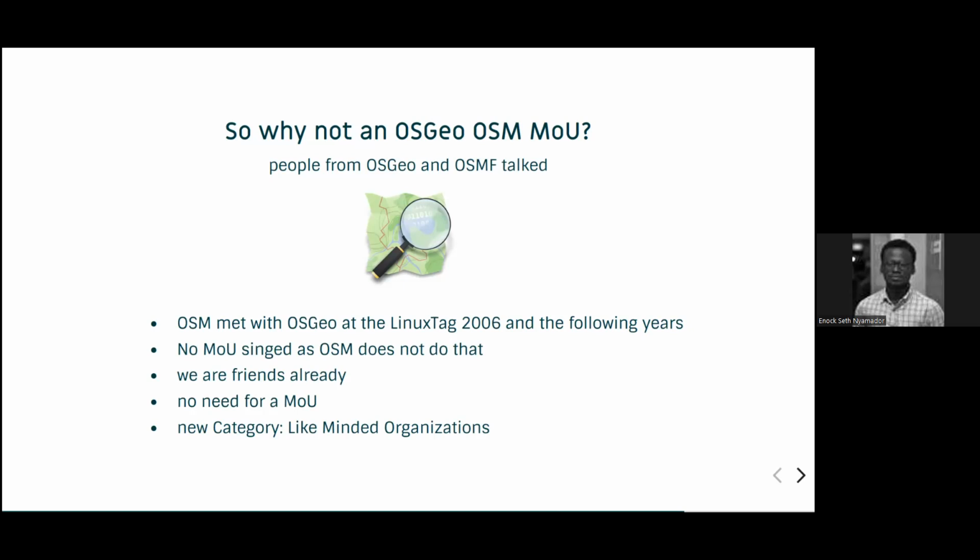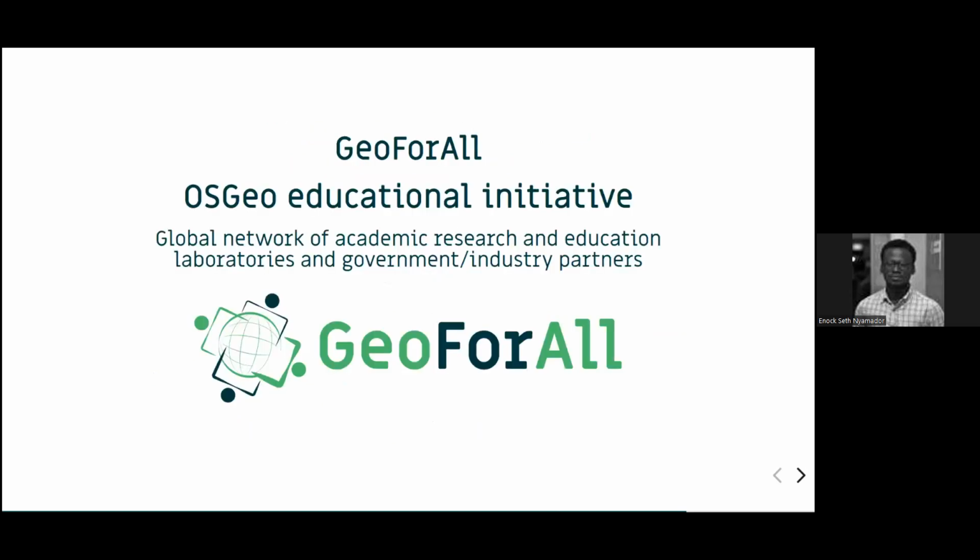After a couple of discussions, a new category was created for the OpenStreetMap project itself as a whole and the foundation, that is, like-minded organizations. Hence, if you didn't see OpenStreetMap itself there, this is the reason why there are no MOUs with the foundation. Maybe I've not clarified much, but if you are interested in that side, I think the board is the best to reach out to, but our wiki has information about all this.